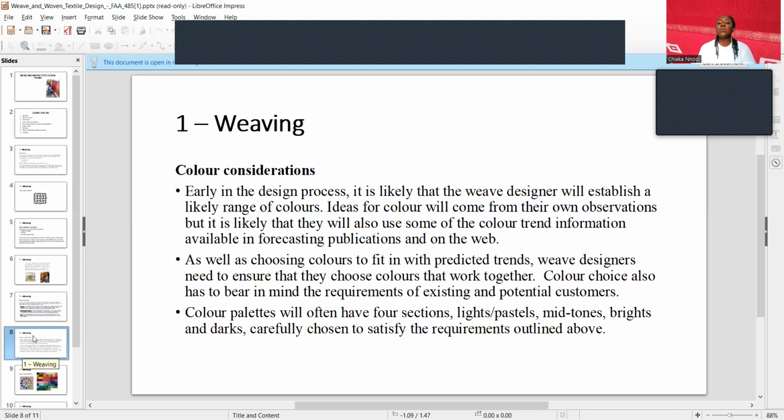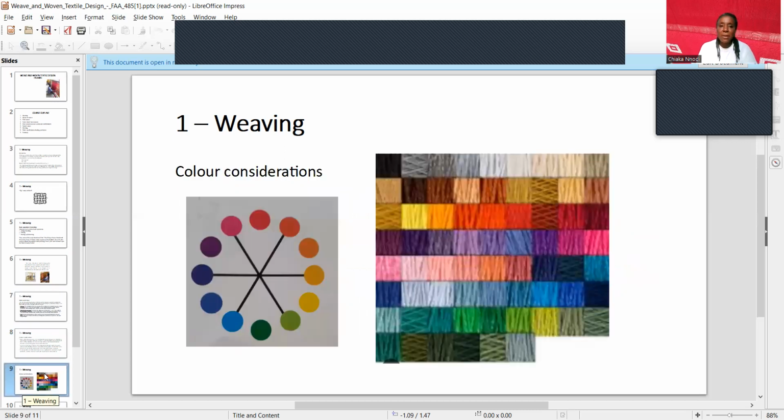So color palettes will often have 4 sections. You have the lights, the pastels, then you have the mid-tones, brights and darks, carefully chosen to satisfy the requirements outlined above. So here we see a color wheel. That's the standard color wheel, which is the 12 colors.